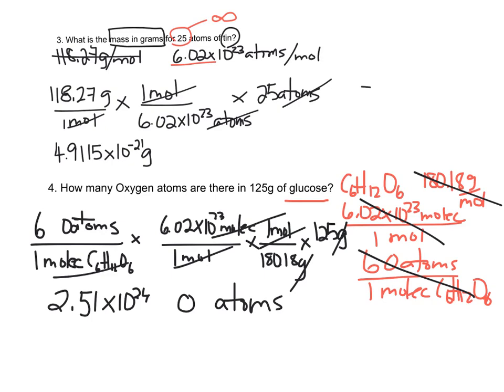So there's 2.5 times 10 to the 24 oxygen atoms in 125 grams of glucose. 3 sig figs, because there were 3 sig figs in our mass.